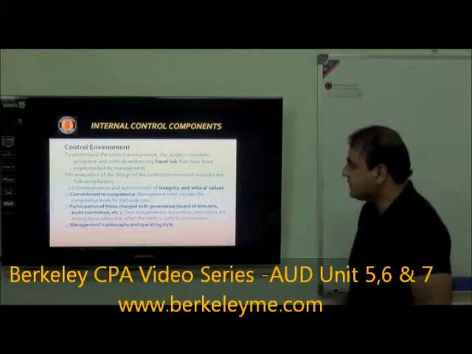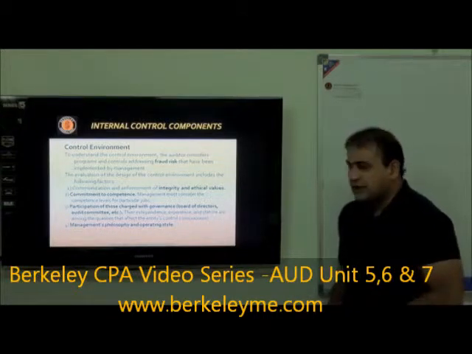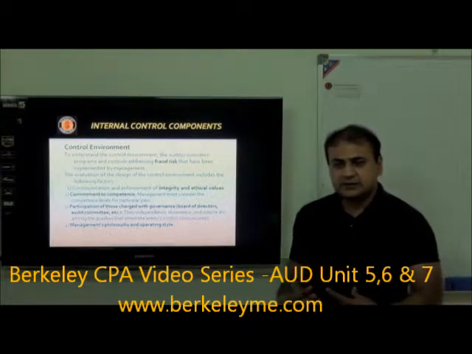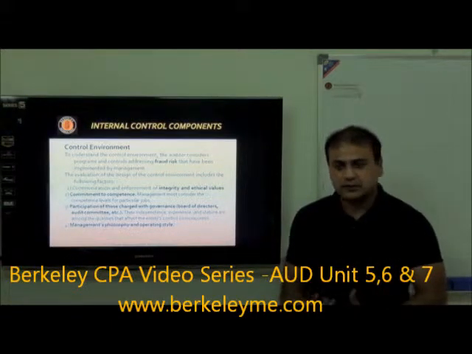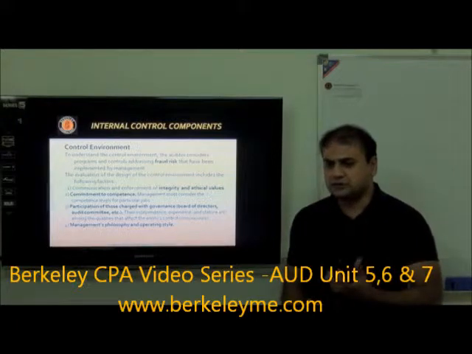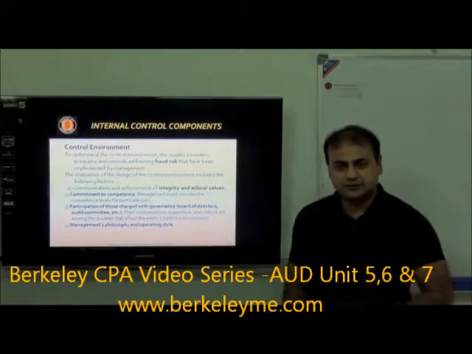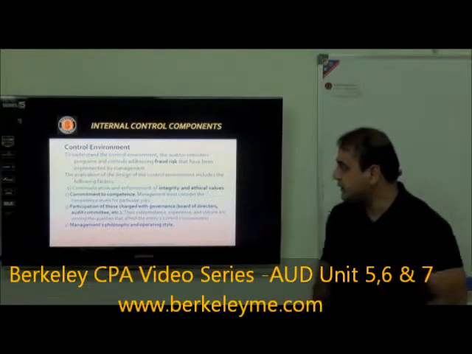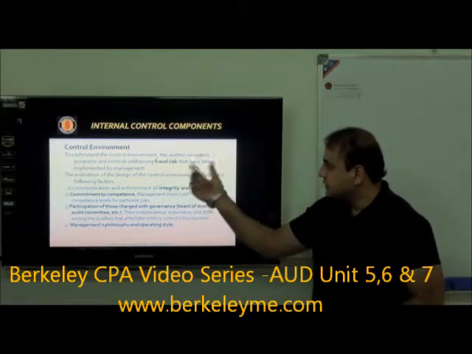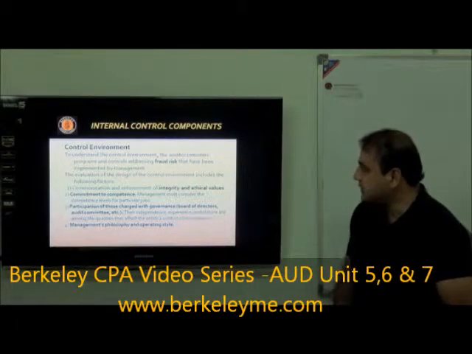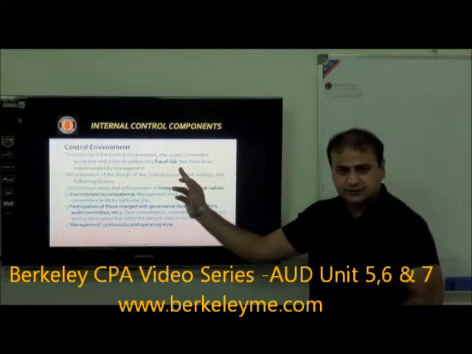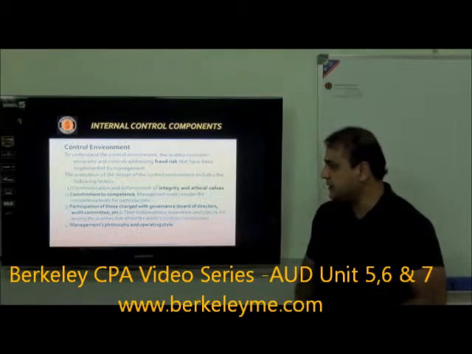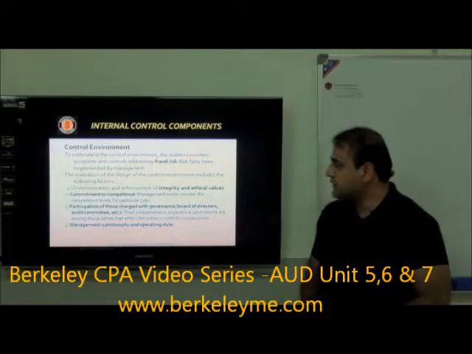Now let's discuss the control environment. Environment, as we understand, is the atmosphere that is developed based on certain norms and values. So management creates the control environment. To understand the control environment, the auditor considers programs and controls addressing fraud risk that have been implemented by the management. So he will check the following.